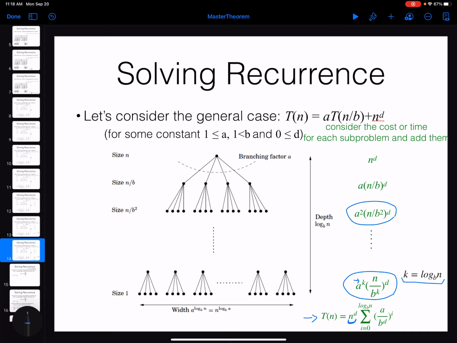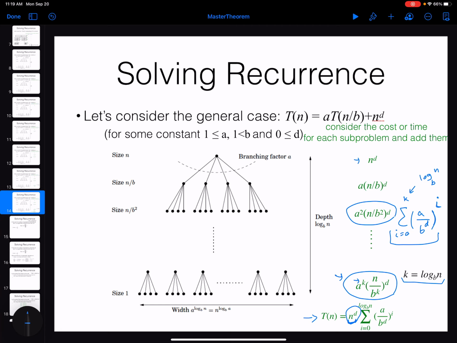The term in this geometric summation is going to be a divided by b to the power of d, the whole ratio to the power of i, where i is changing from 0 to k, where k is log of n in base b. So this is a geometric summation, and it will also have this additional term n to the power of d.